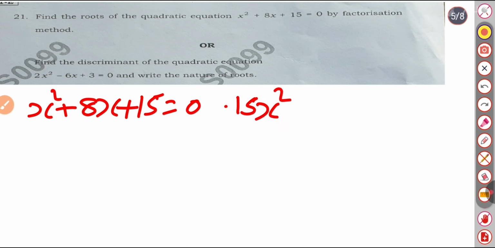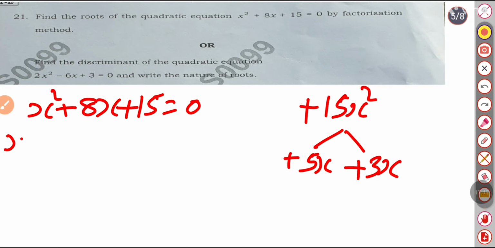Now if we factorize these two, how the factors should be, if we add the factors we should get middle term, that is 8. What are the factors then? 5 3s are 15. So 5x, 3x, both are plus because we are adding.